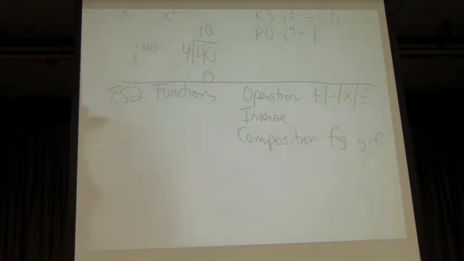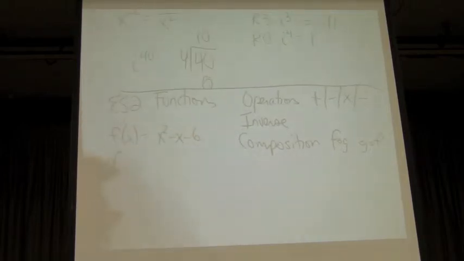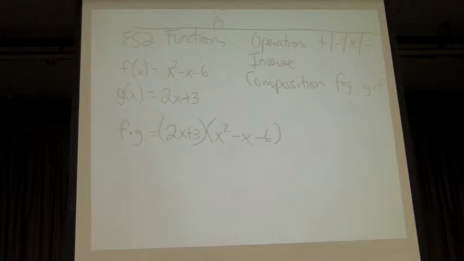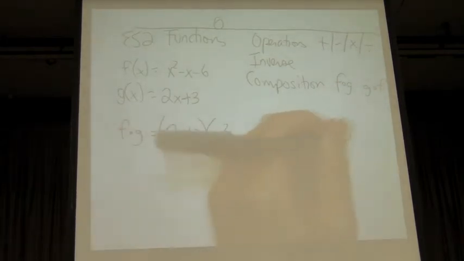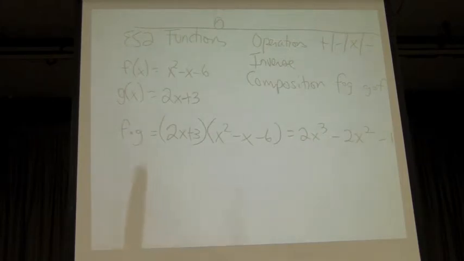Okay? So, let's say we had that f of x was x squared minus x minus 6, and g of x was 2x plus 3. F times g, you're distributing the 2x to everything. 2x cubed minus 2x squared minus 12x, right?